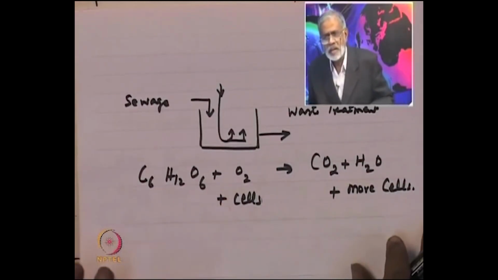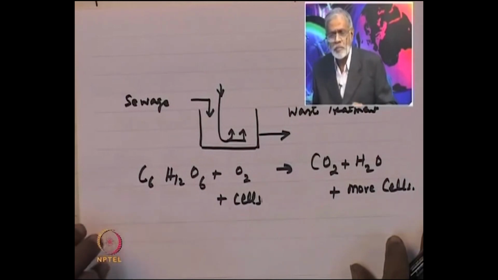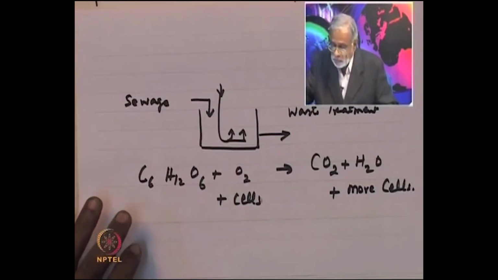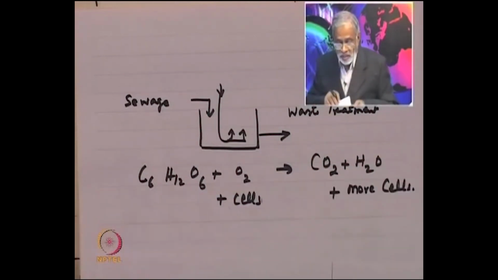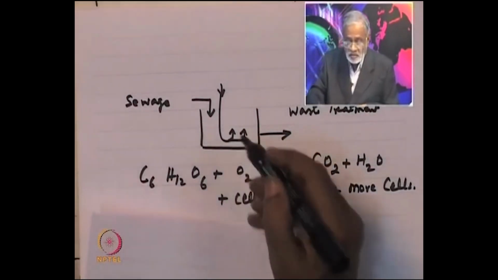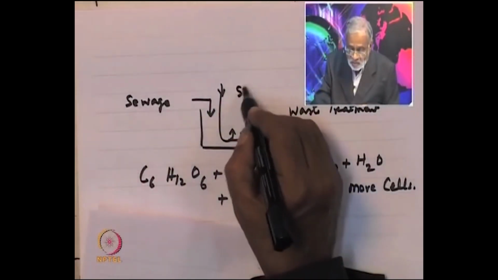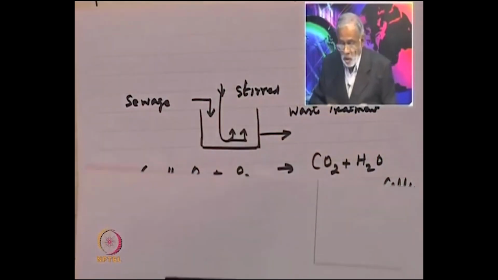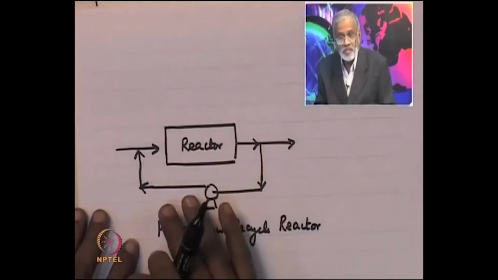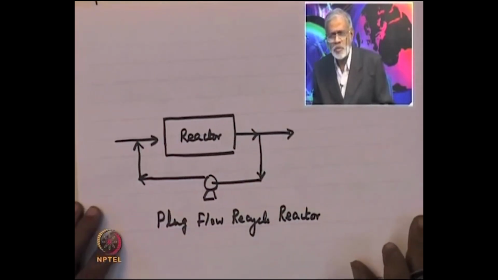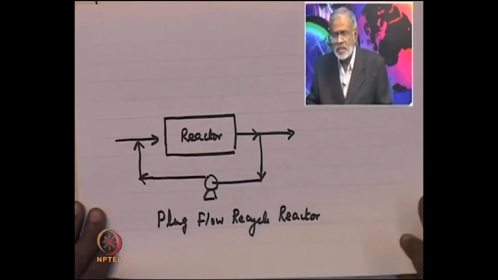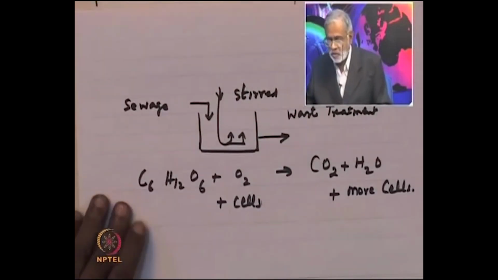In other words, this is another very good example of autocatalytic reactions. We can use various types of devices, such as stirred tanks, or recycle devices like what I have said. In both cases, the principle is that the product, which is the cell, enhances the rate at which the reaction occurs.